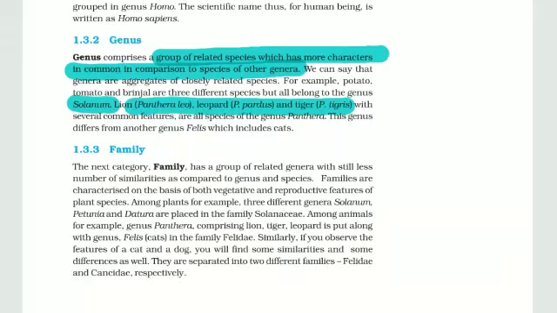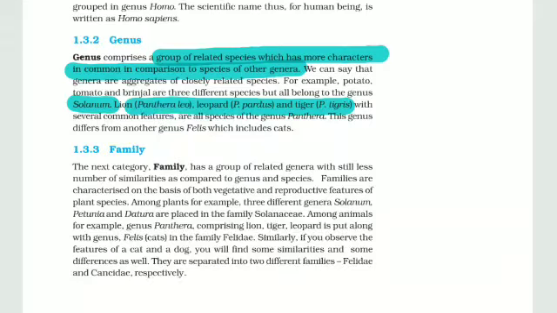So we'll next move on to the family part. The next category, that is family, is a group of related genera with still fewer similarities when compared to genus and species. It has a lesser number of similarities compared to genus and species.